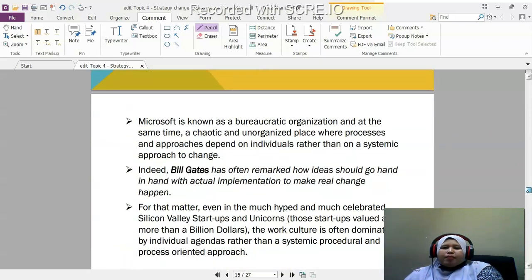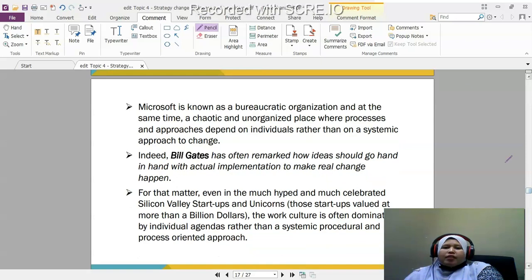And then, for example, Microsoft is known as a bureaucratic organization and at the same time a chaotic and unorganized process, and the approach depends on individuals rather than on a systemic approach to change. Indeed, Bill Gates has often remarked how ideas should go hand in hand with actual implementation to make real change happen.